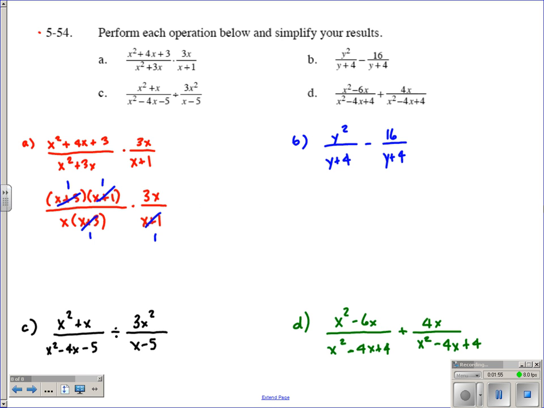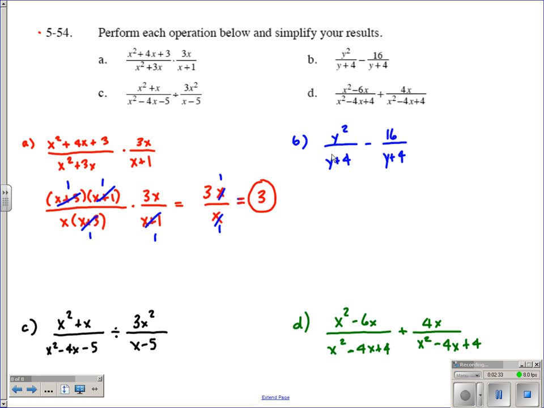I'm going to rewrite this because right now we have 3x over x. This is a monomial and this is a monomial, so our x is a common factor. Nothing is being added or subtracted, so we can cancel the x's. What we're left with is 3. The value of A, after we simplify, is 3.